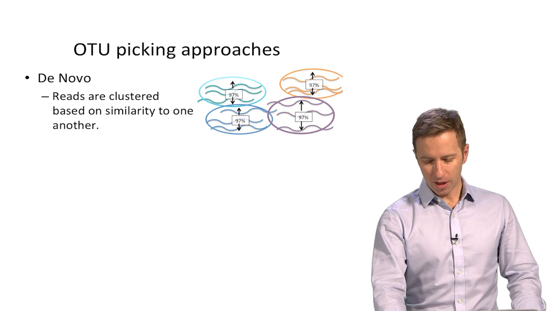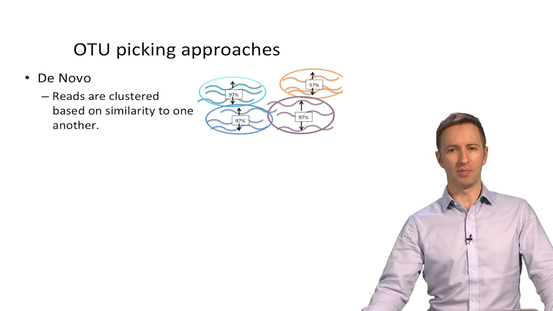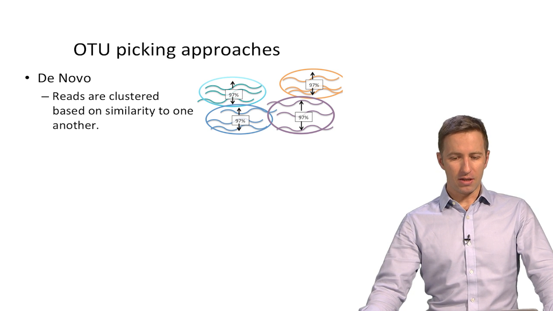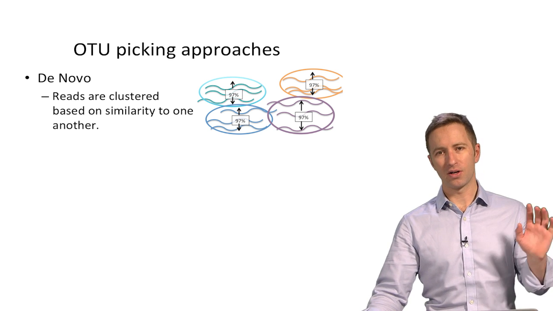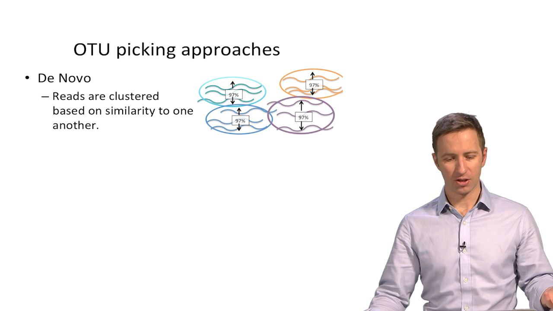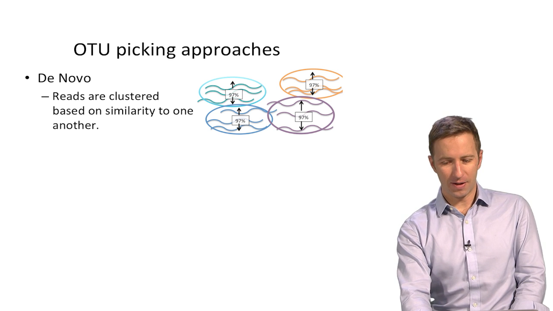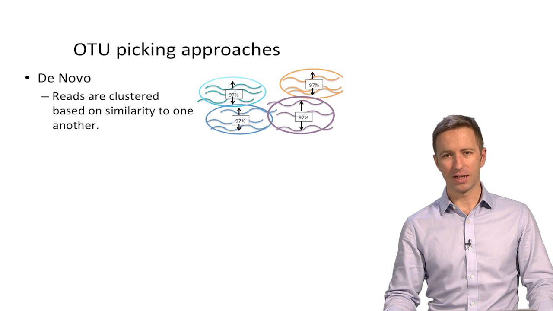So here's some terminology for OTU picking. These are the high-level approaches that people use for doing this type of clustering. You can simply cluster your input sequences without regard to any known sequences. So this is called de novo clustering, or picking de novo OTUs. And it's just a big machine learning or data mining problem.